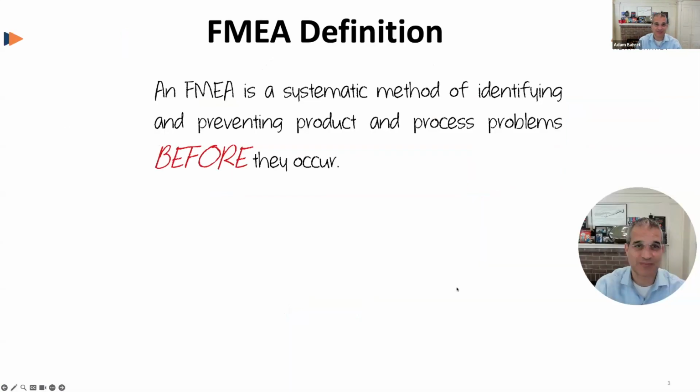So let's jump right into it. So let's start with the definition. As everybody knows, I love language, and I feel that language is really a key part to reliability being effective. The formal definition of FMEA is that an FMEA is a systematic method of identifying and preventing product and process problems before they occur. So FMEA stands for Failure Modes Effects Analysis.